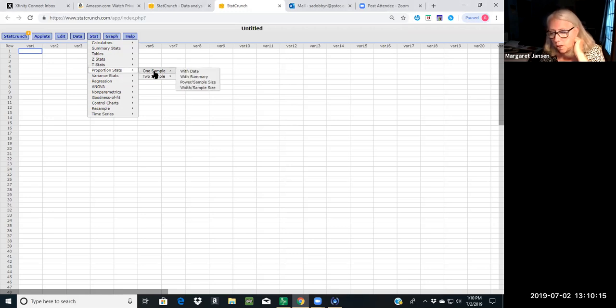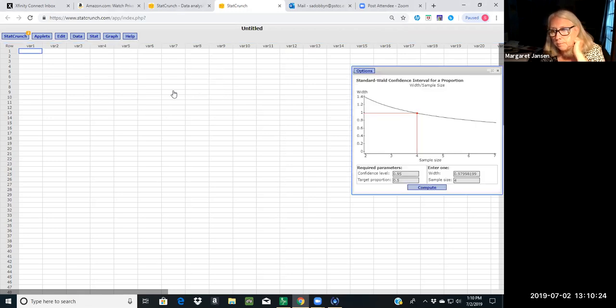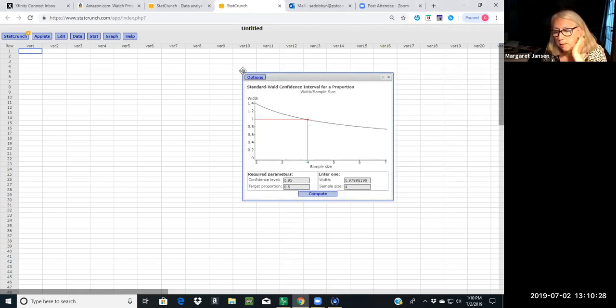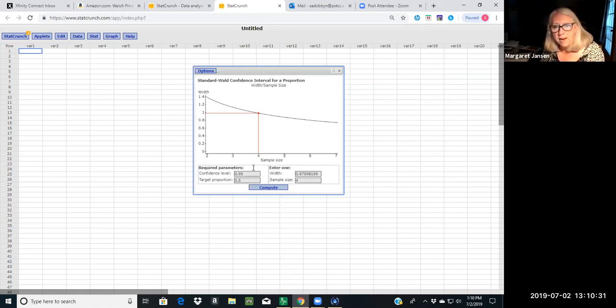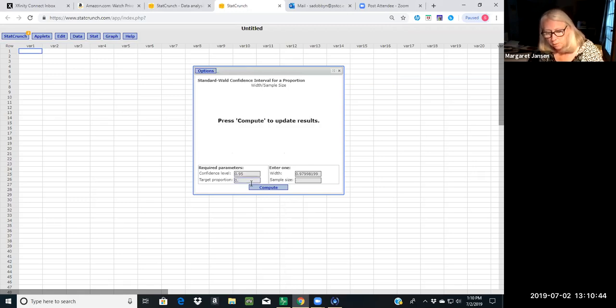And then I go to one sample, but now I'm going to go down to width/sample size. Okay, so it yields this box. Now, I know in my problem I wanted to be 95% confident, so I don't need to change the number inside this box. But target proportion you should read as p hat. So I do need to change that to 0.31.